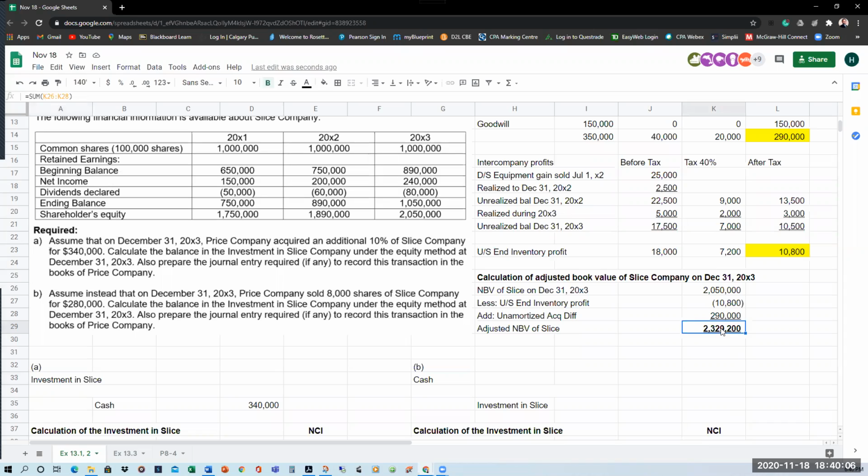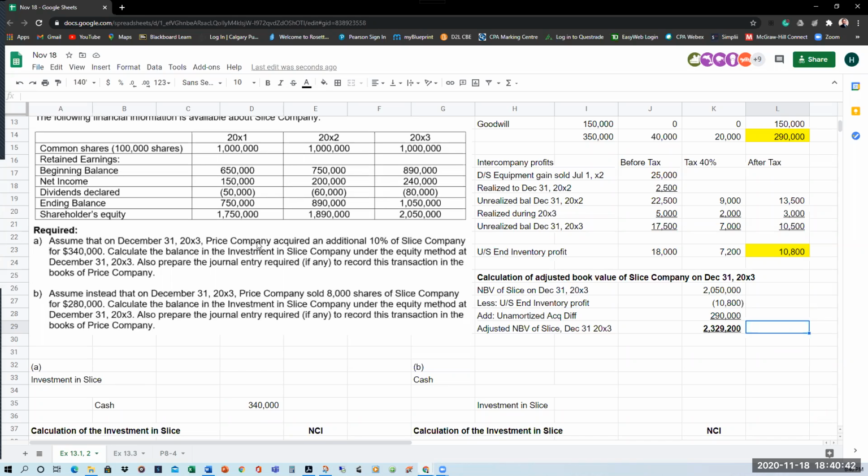We have to base it on the adjusted net book value of Slice on December 31st, 2003, which is $2,329,200. For what percentage of Slice? This 2,329,200 is for all of the Slice Company, right? The entire subsidiary is valued at this much.